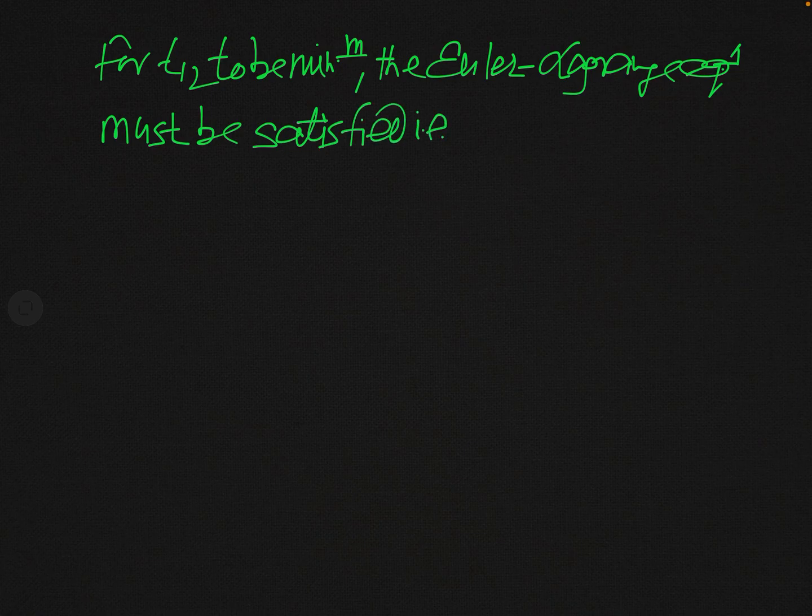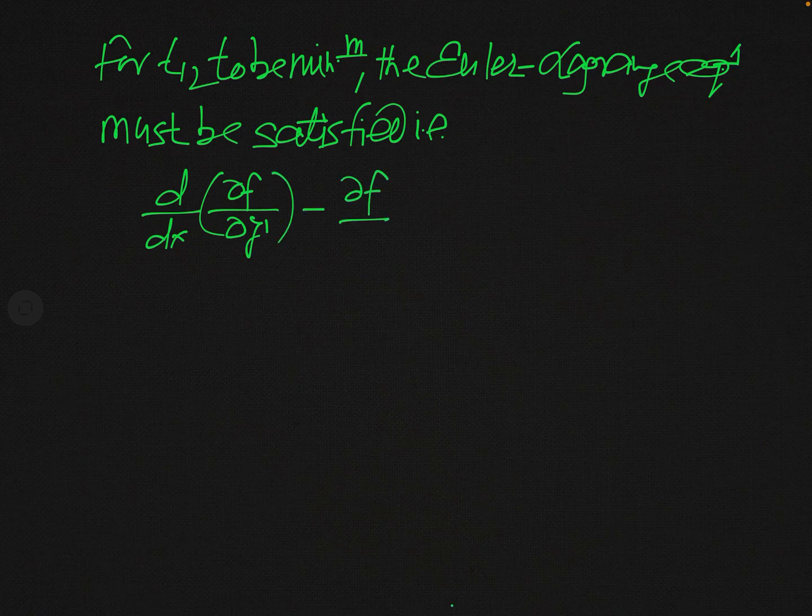It means what? You know what is Euler-Lagrange equation? This is in fact d dx of del f by del y prime minus del f by del y equal to 0.